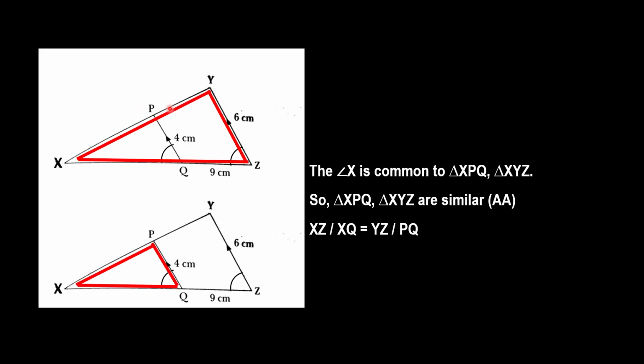Now see the two blinking triangles. On the top we have the triangle XYZ, and at the bottom we have the triangle XPQ.